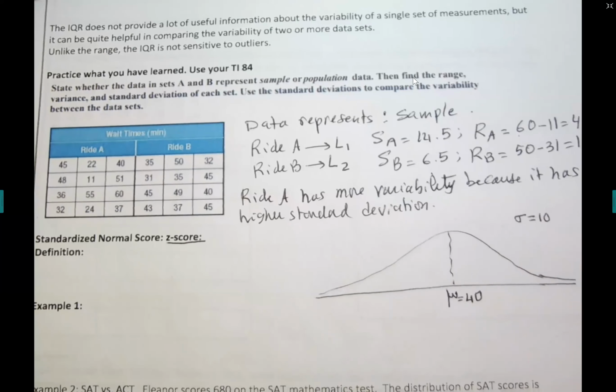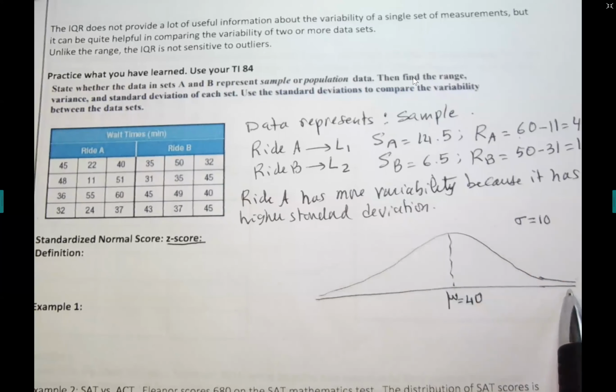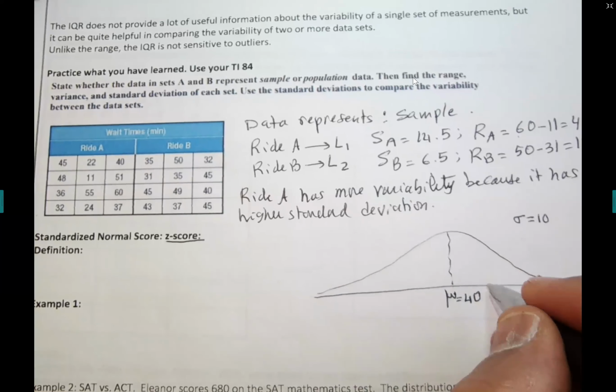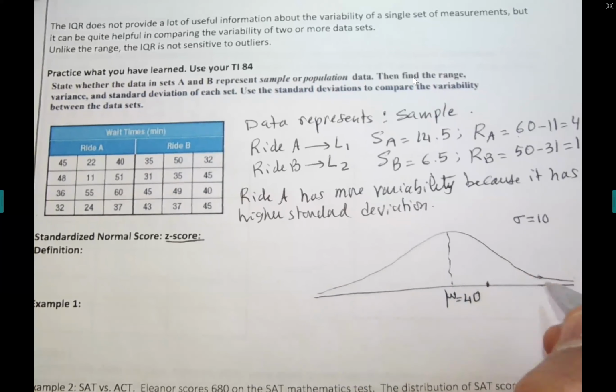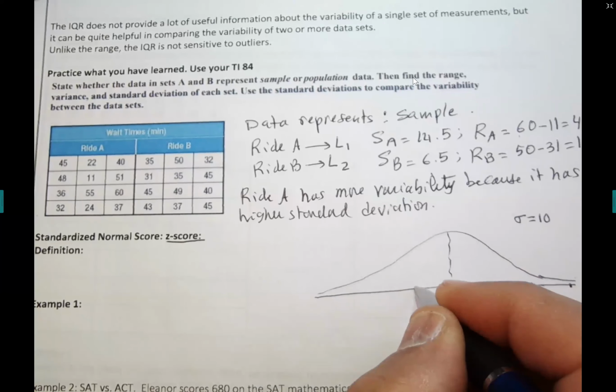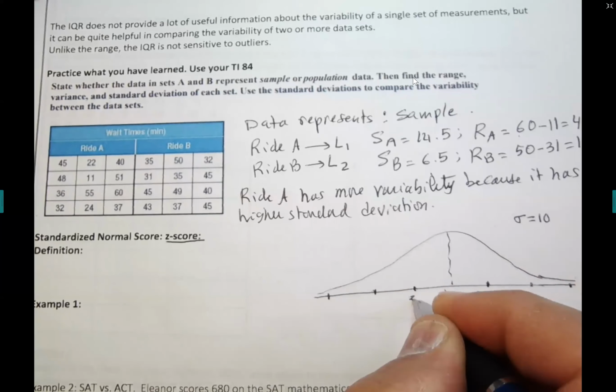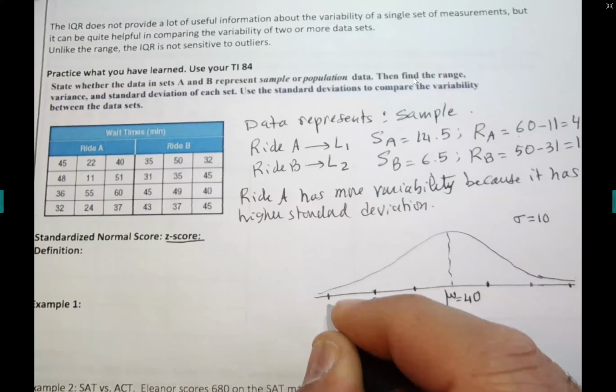So I'm gonna label the graph. The graph is labeled, guys, with 3 standard deviations to the right, 3 standard deviations to the left. It will pick up 99.7%. So that's 10, that's another 10, and that's another 10 toward the tail. That's a 10, that's a 10, that's a 10. So 30, 20, 10.